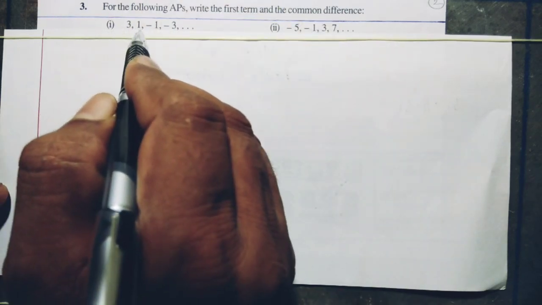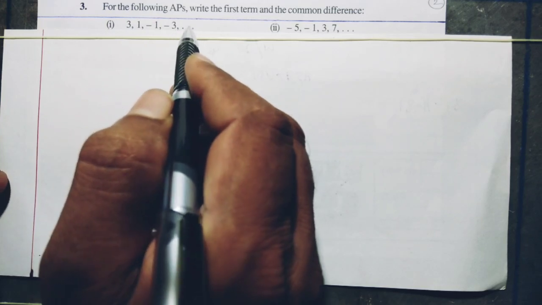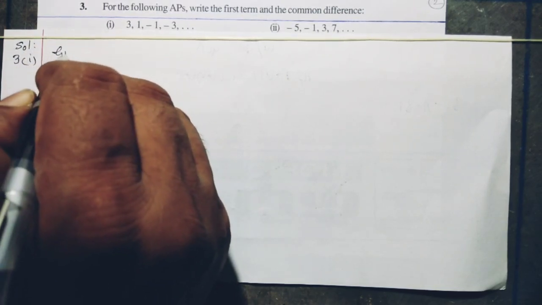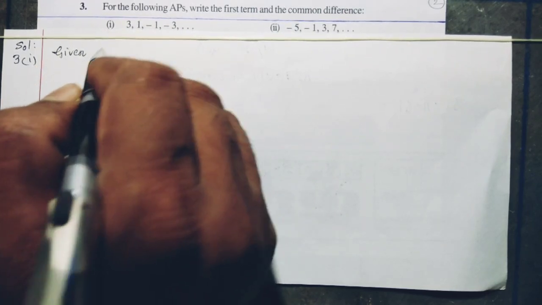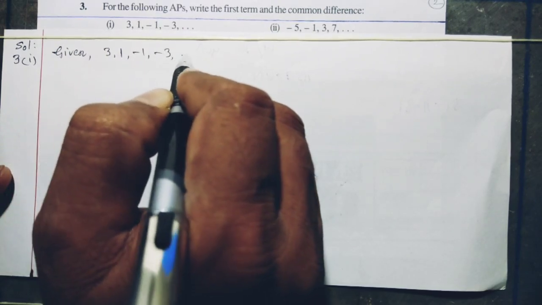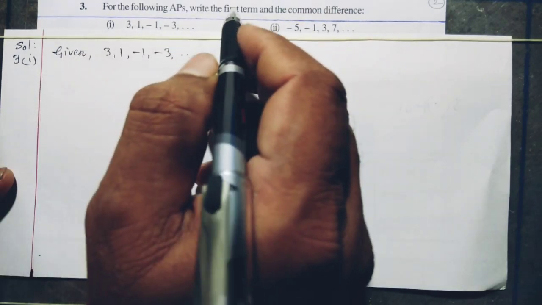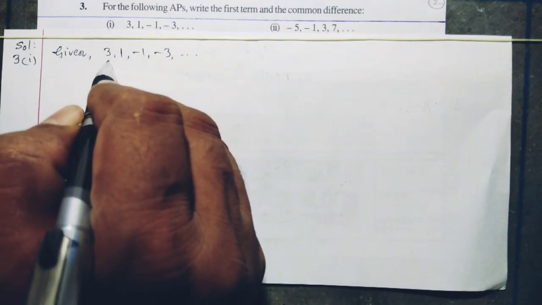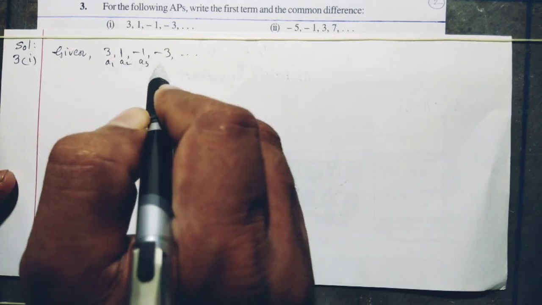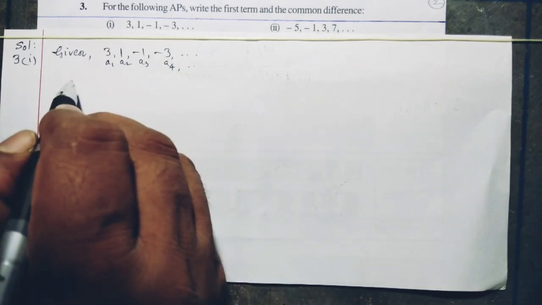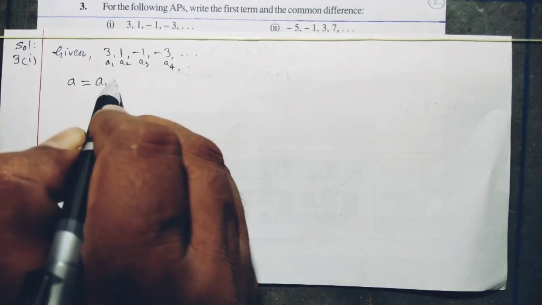First problem: 3, 1, minus 1, minus 3 and so on. Solution for third bit, first problem. Given 3, 1, minus 1, minus 3 and so on. Here we have to find the first term. This is A1, A2, A3, A4 and so on. So first term A is equal to A1 is equal to 3.